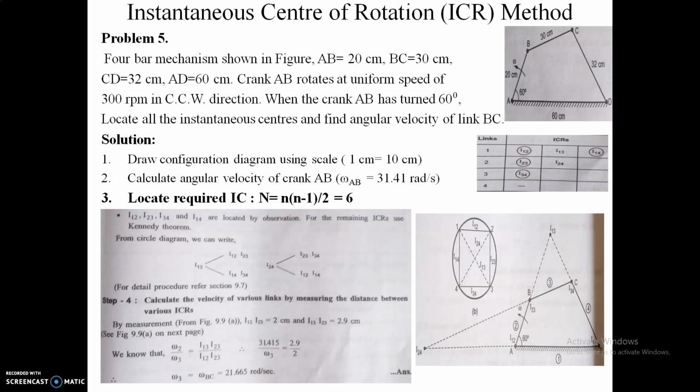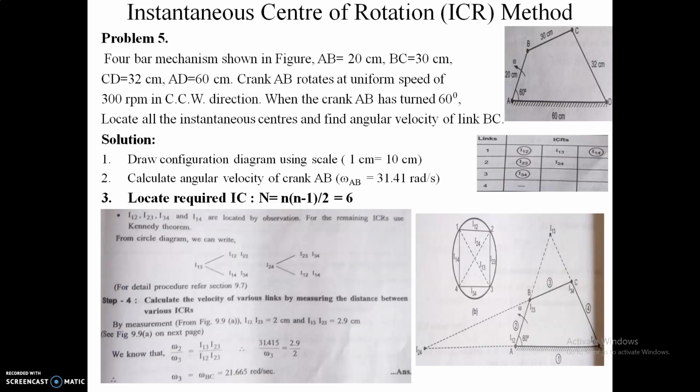Again, this problem you have to solve on the drawing sheet. I would say prefer the middle location of the drawing sheet, because you don't know where which IC lies. So it is better to draw the mechanism at the middle location of your drawing sheet.